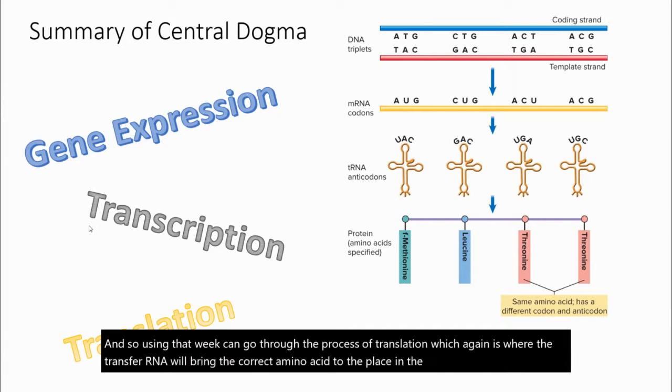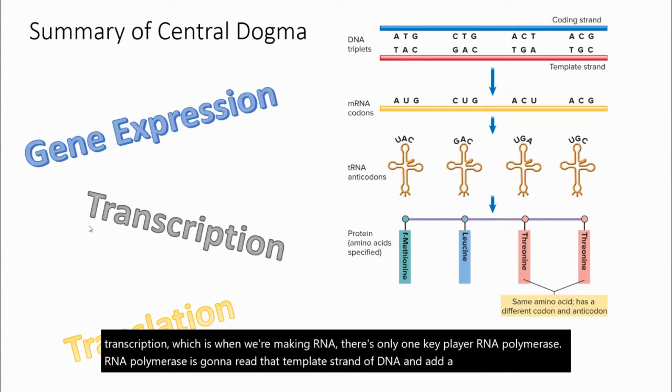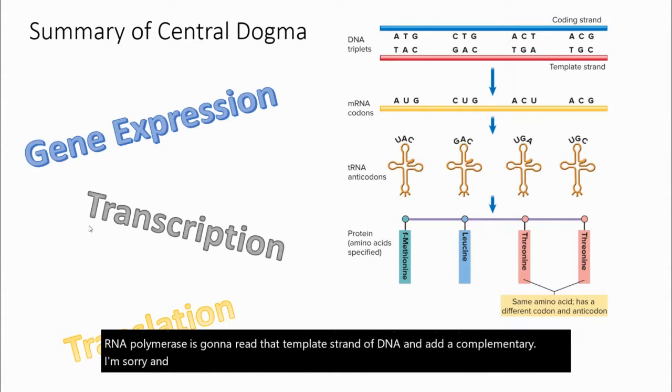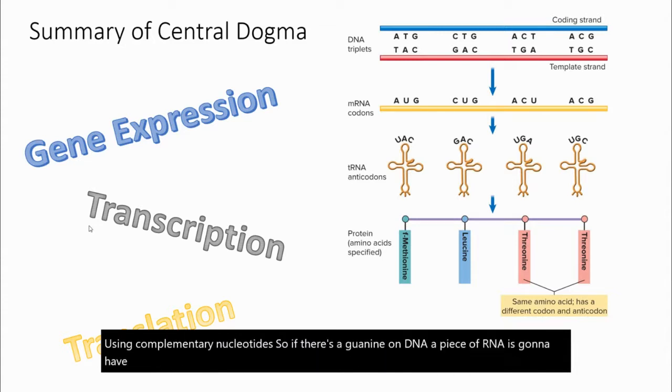Remember, for transcription, which is when we're making RNA, there's only one key player, RNA polymerase. RNA polymerase is going to read that template strand of DNA and build the strand of RNA using complementary nucleotides. So if there's a guanine on the DNA, the piece of RNA is going to have cytosine.